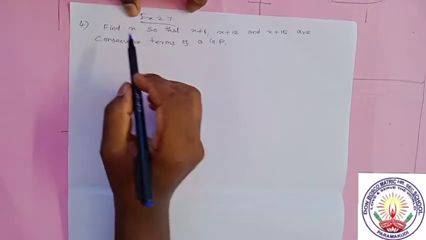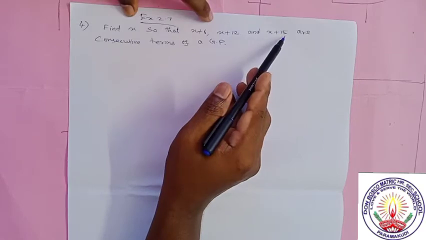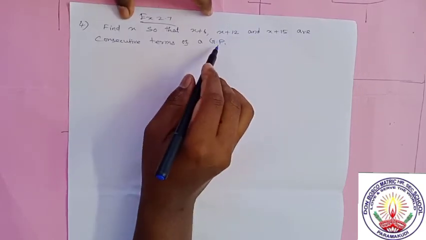This is the question: find x so that x plus 6, x plus 12 and x plus 15 are consecutive terms of a GP.